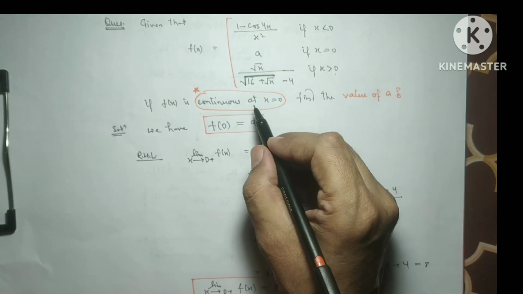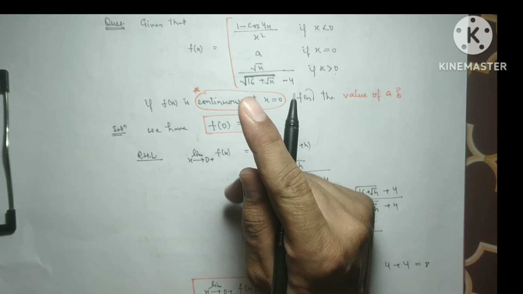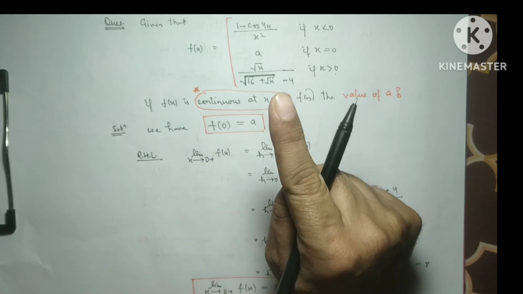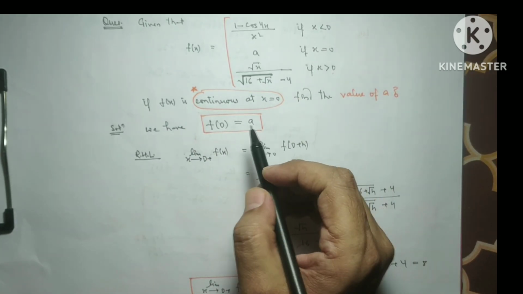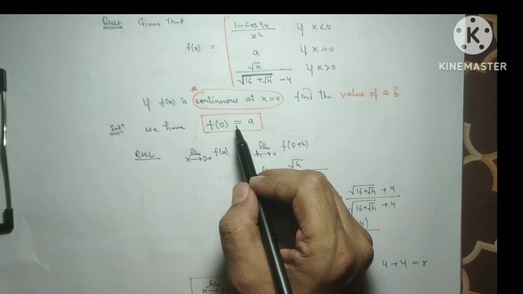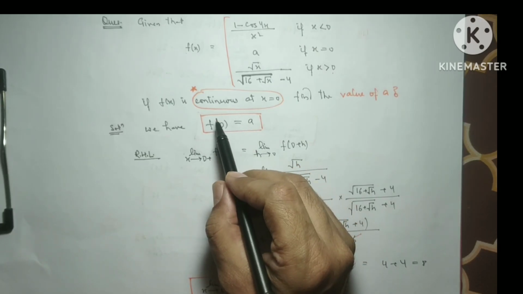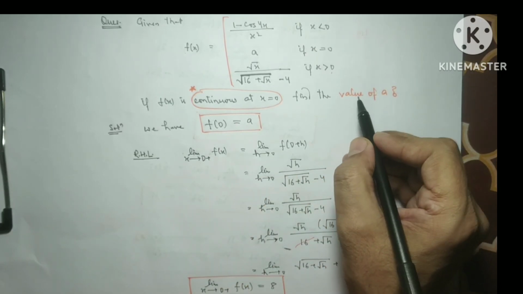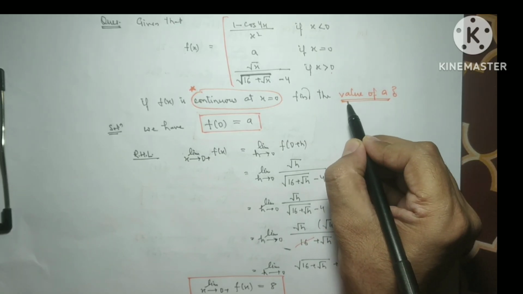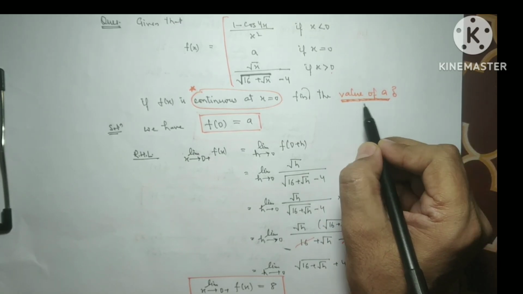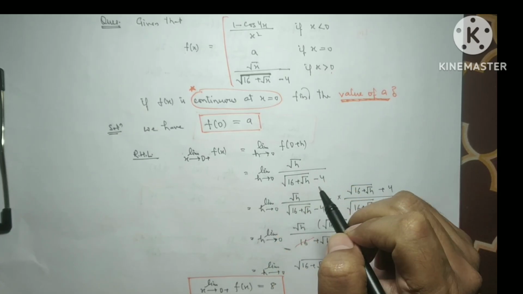If the function is continuous, it means the right hand limit, left hand limit, and the value at the point are all equal. So we will collect these three values, and we will use them to collect the value of a. So this is our focus, to find the value of a.